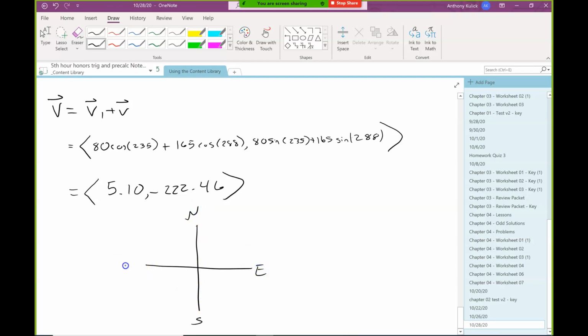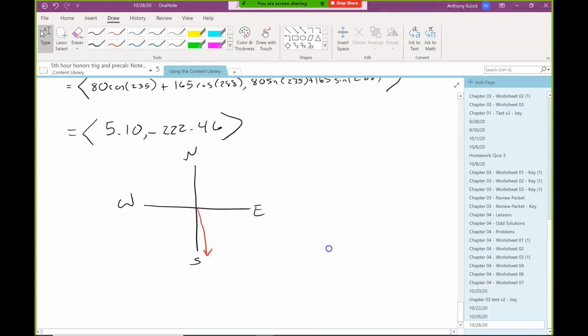So our magnitude is just going to be the length of that vector. Well, since it's starting at 0, 0, that distance is really just the Pythagorean theorem.